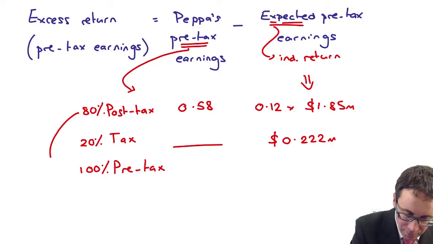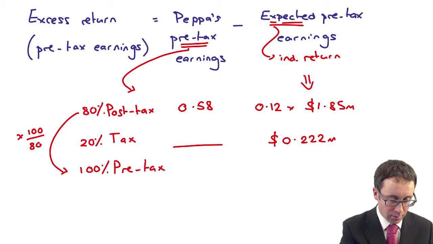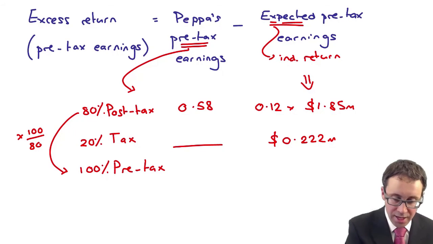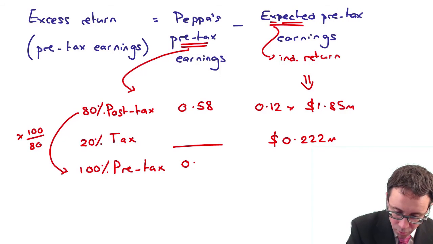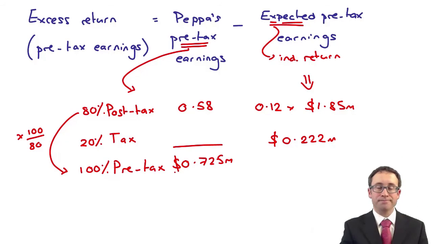Okay, so if we go through there and multiply by 100 over 80, does that give me 0.725 million? Okay.